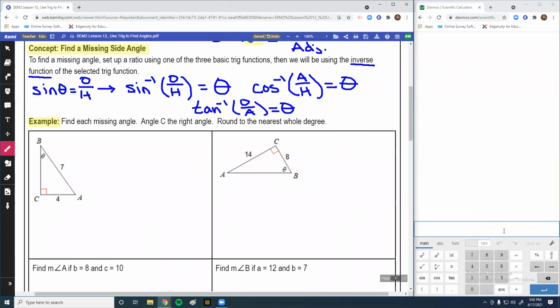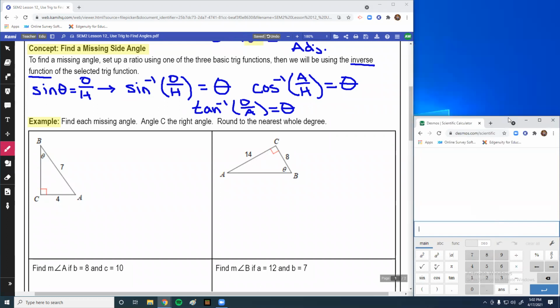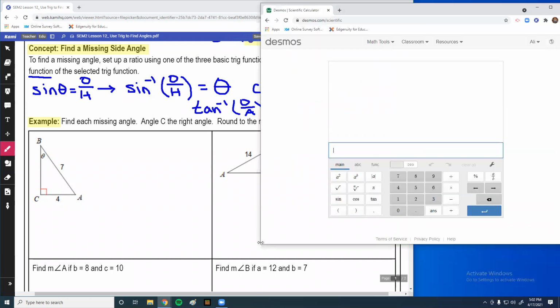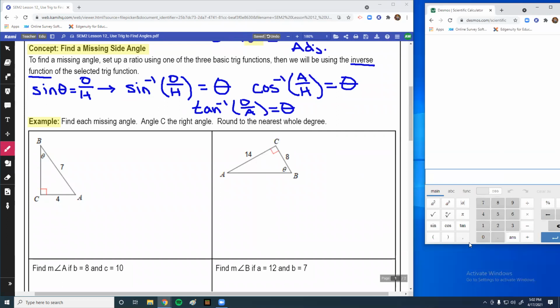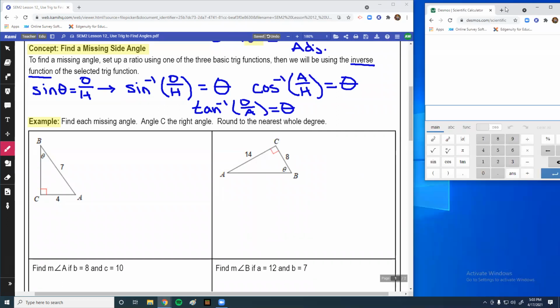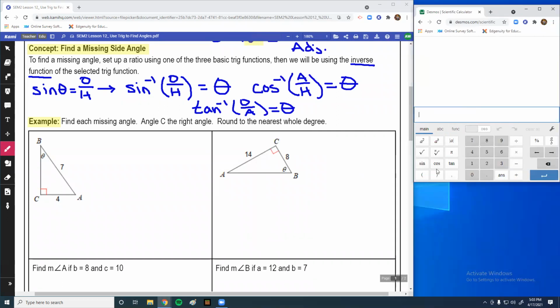If we come over here to the Desmos calculator, I'm going to make this a bit smaller so I can bring it up here so it's easier to see. As you can see here on the Desmos, we have sine, cosine, and tangent. Those do not have the inverse. What you need to click is the function button, and now you can see sine inverse, cosine inverse, tangent inverse.